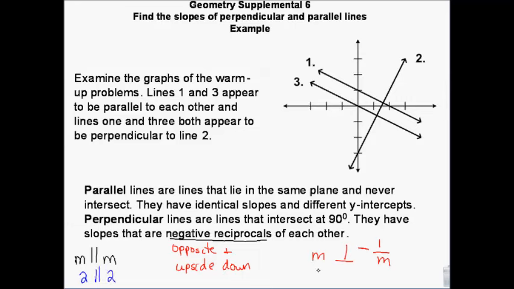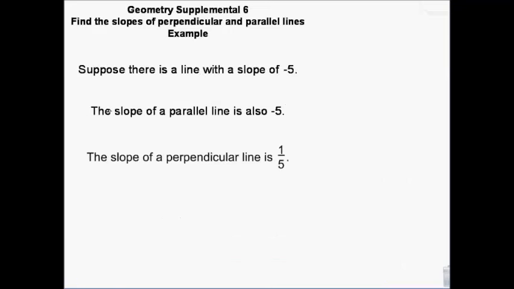A slope of 2/3 is perpendicular to a slope of negative 3/2. So to be perpendicular, you flip it and change the sign. If there's this line with a slope of -5, parallel is also -5, and then perpendicular is positive 1/5. So, okay so far?